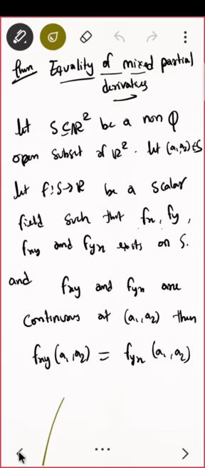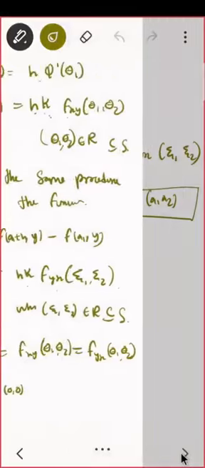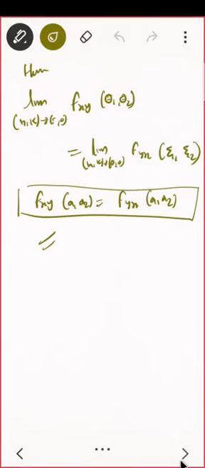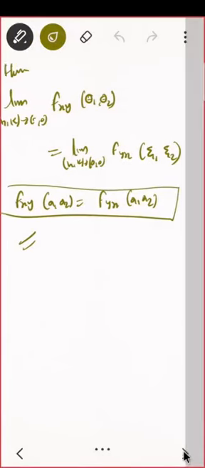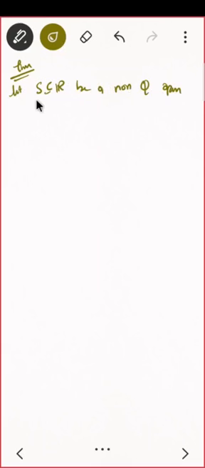Okay. So there is one corollary, or you can say a second theorem, which has the same proof. Let S subset of R2 be a non-empty open subset of R2.